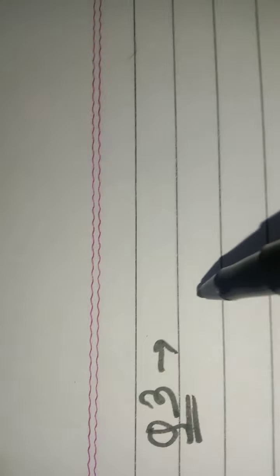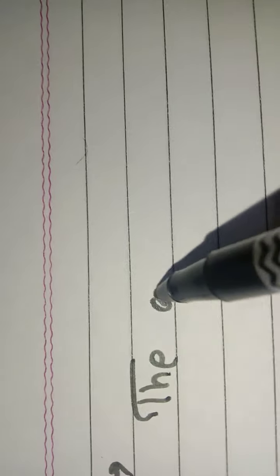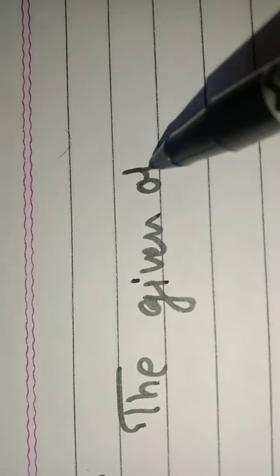The following observations have been arranged in ascending order. Already it is arranged in ascending order, and the median of the data is given as 63. Okay, median is given. You have to find the value of x. So we do not have to bother about it. We are going to write the data first. Okay, write down the solution: the given observations in ascending order.